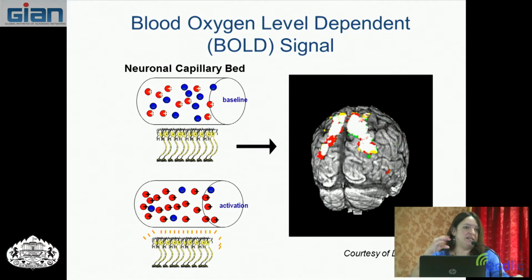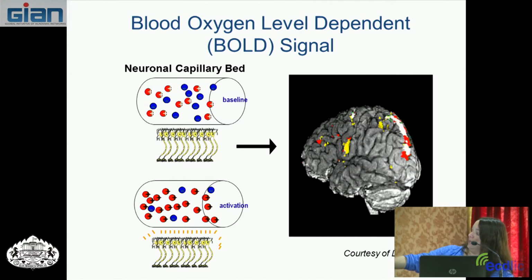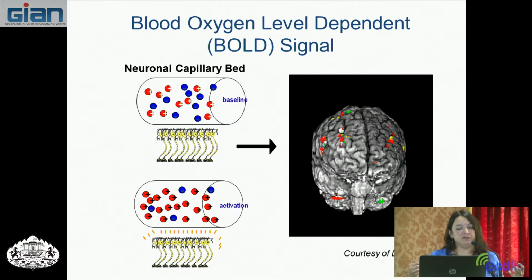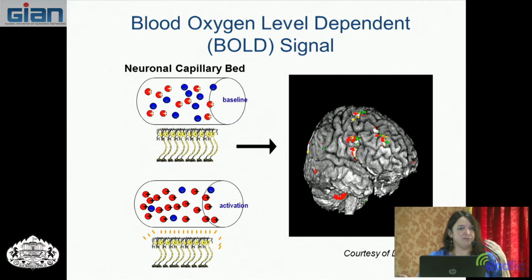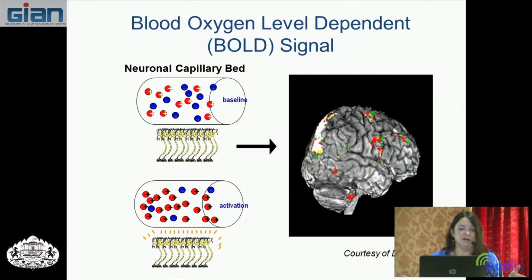And so these iron amounts change in the tissue when the neurons activate. So when they activate, their metabolic demands increase. The body responds by sending more oxygenated blood to these areas.